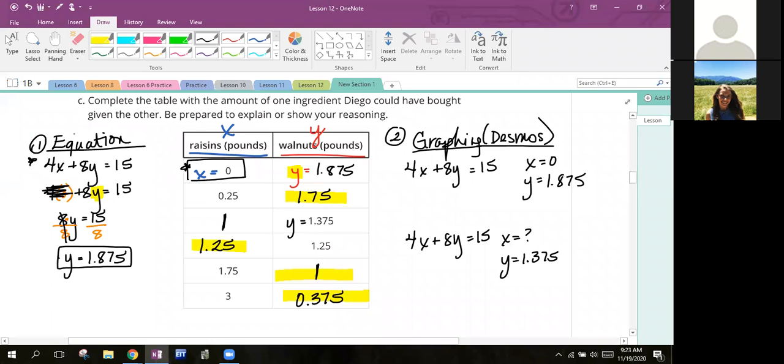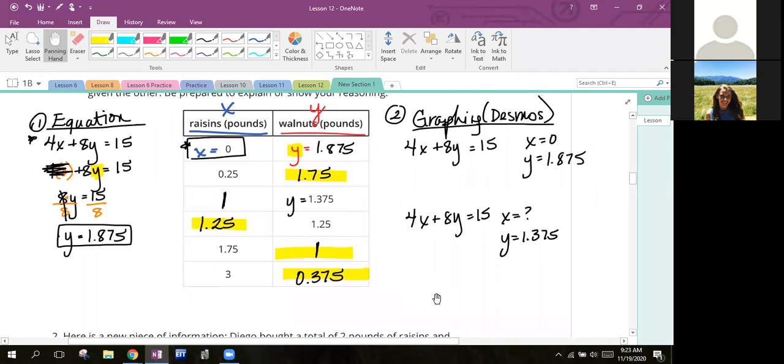All right, those are all of your answers. So whether you did it by graphing or by plugging it into the equation, these are the values that you should have gotten. Now, if you have any questions on that, you can message me, you can send it in the chat. But yeah, that is how you do it.